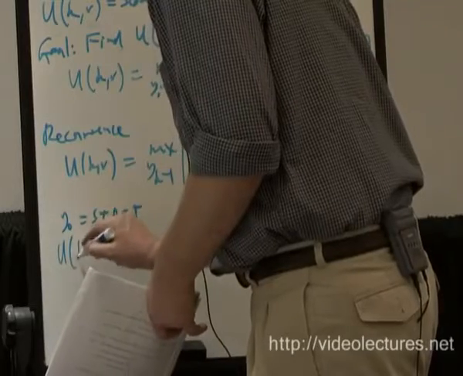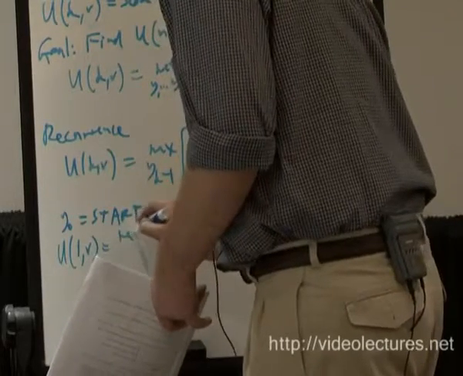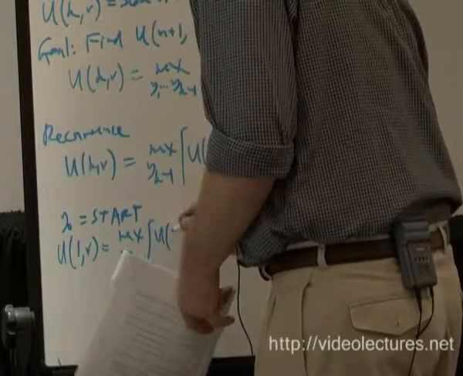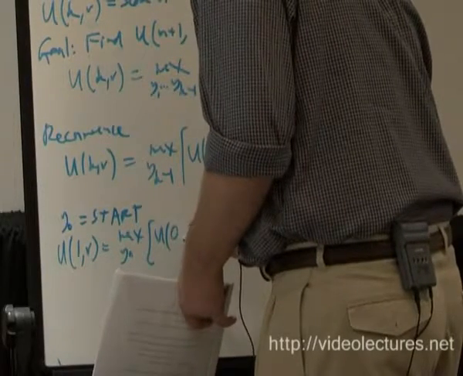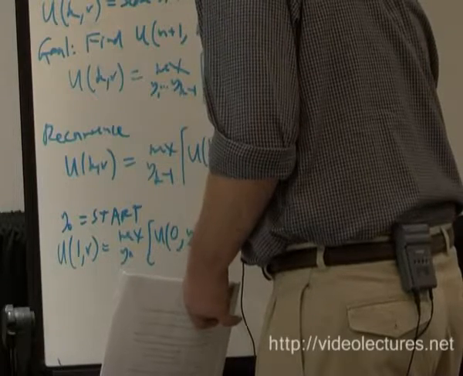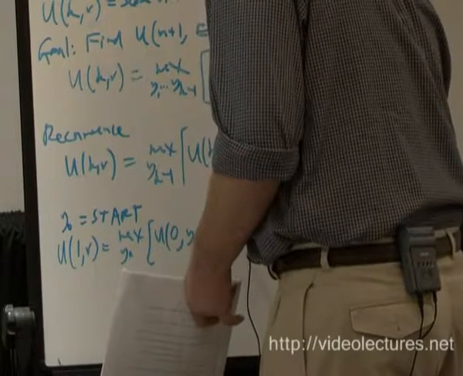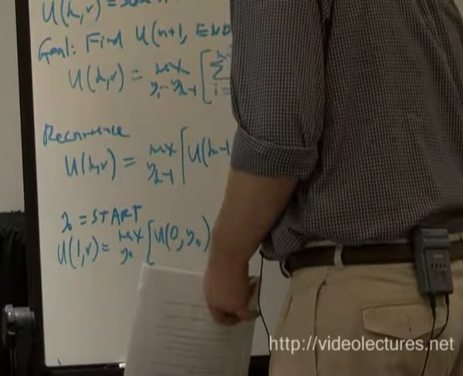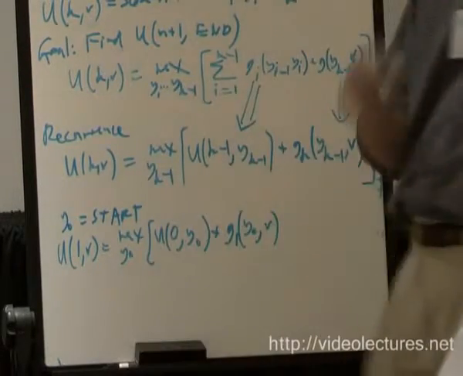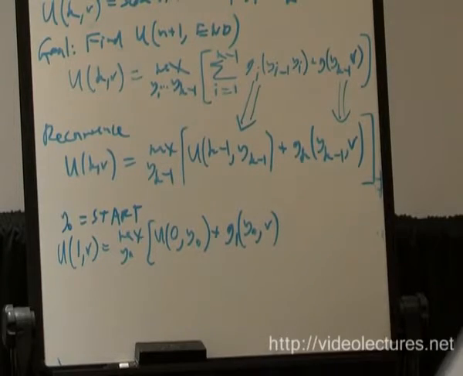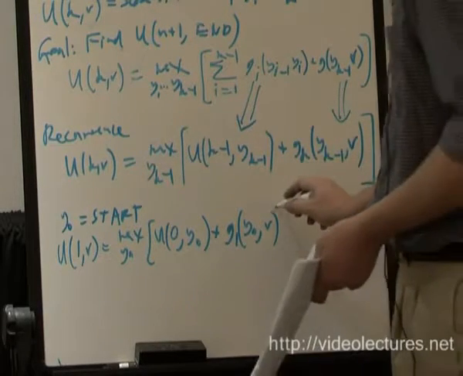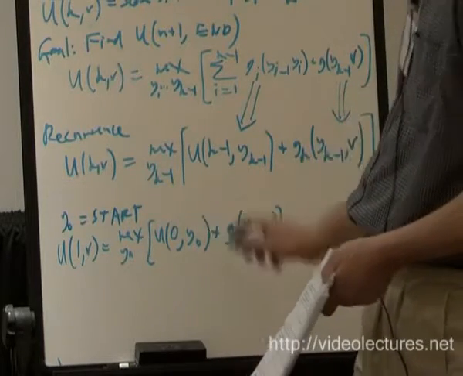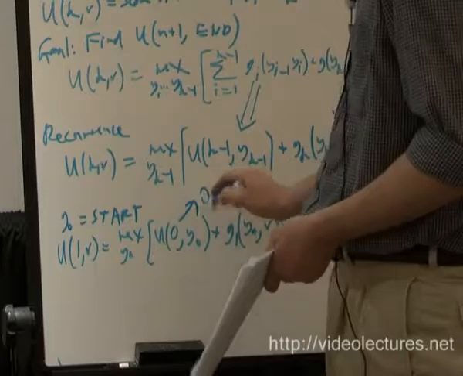So U of 1V is the max over Y0 of U of 0 Y0 plus G1 of Y0 V. And Y0 is constrained to be start. And U0 of Y0, we can start at 0.